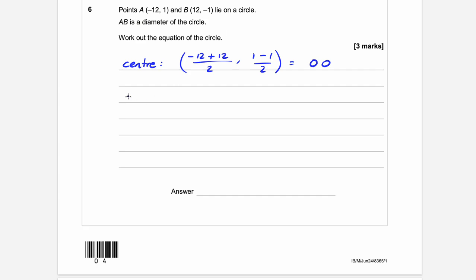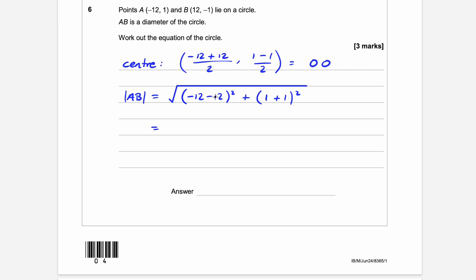The length of AB is equal to the square root of x1 minus x2 squared, so it's minus 12 squared, plus y1 minus y2, which is 1 minus minus 1, which is 1 plus 1 squared. I don't have a calculator.